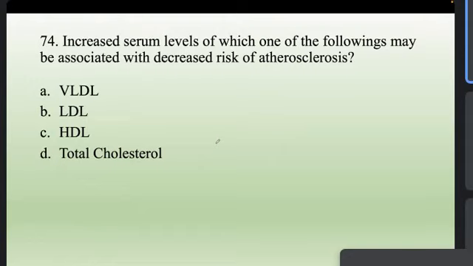Anything else? LDL. I think you got the question wrong. Decreased risk of atherosclerosis. So what is it, HDL or LDL?